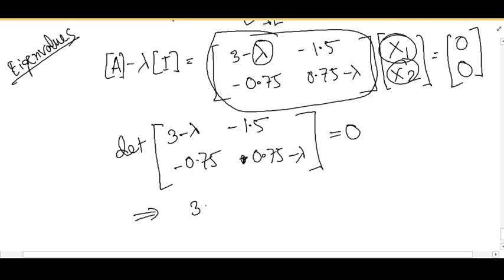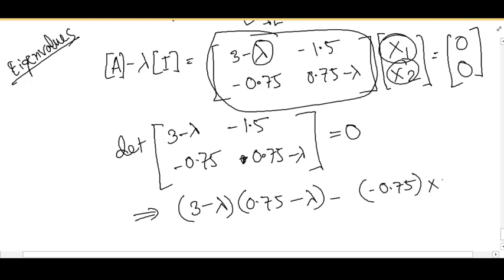You can write it as (3 minus lambda) multiplied by (0.75 minus lambda), minus 0.75 multiplied by minus 1.5, which equals 0.